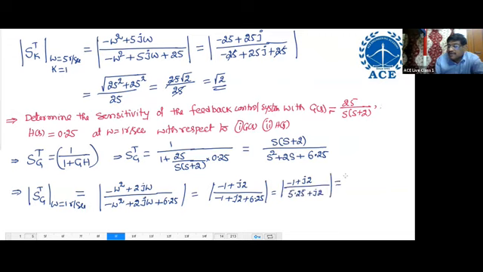Then write the magnitude: root 5 divided by root of 5.25 whole square plus 4. I think you solve this, you'll get 0.398. I hope it is correct.